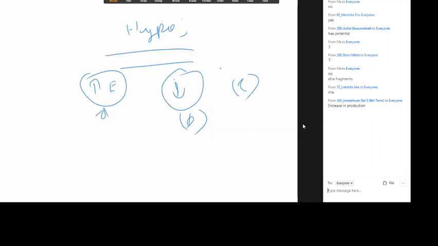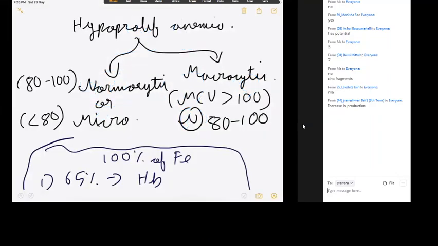Hypoproliferation means you have your marrow, and because of a decrease in cells, there is a decrease in RBCs. This can be one thing. I'll give you a simpler answer. Let's say you have anemia, right? You have an increased stimulus for production of RBCs.